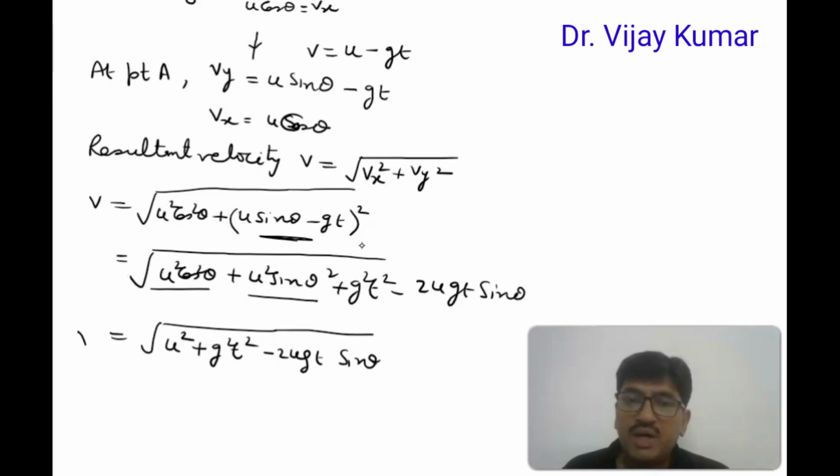So this is the final, resultant velocity of the particle at any point of the projectile path, or in projectile motion.